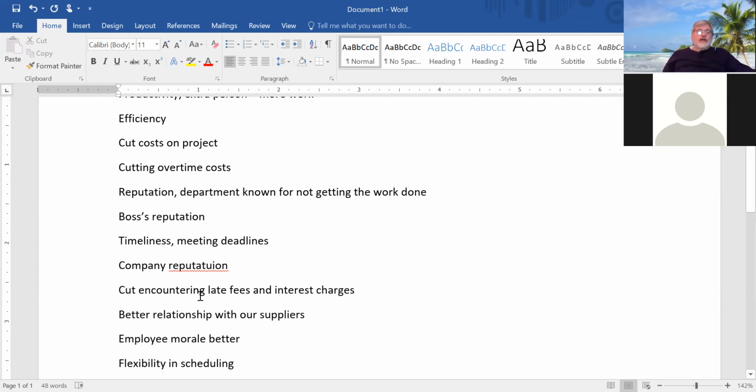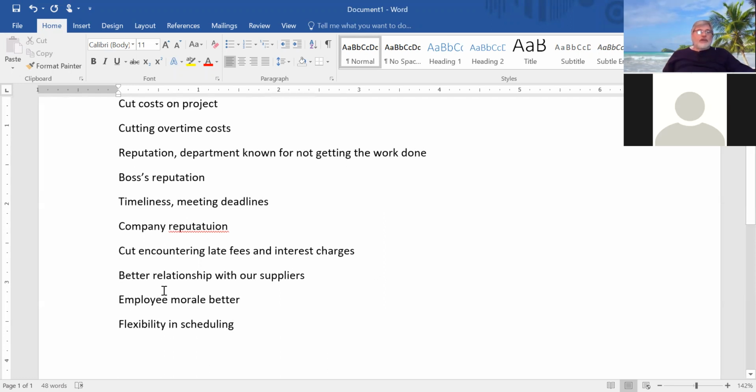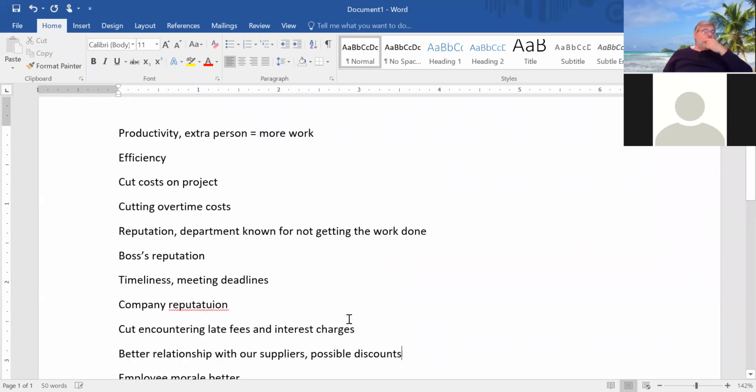We'll cut the encountering of late fees and interest charges. We will get a better relationship with our suppliers, and I'm going to put on there possible discounts. So we could actually even create a discount situation as opposed to a late charge situation. The employee morale will get better. We'll create flexibility because we have the extra person in the department. All right, that's good enough for right now.